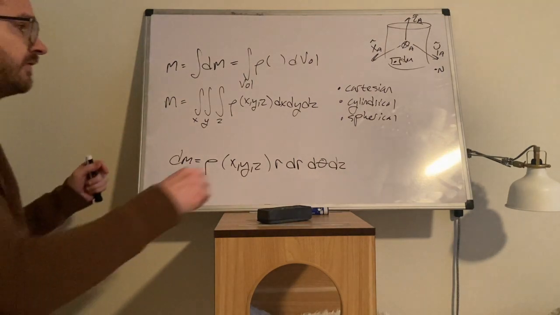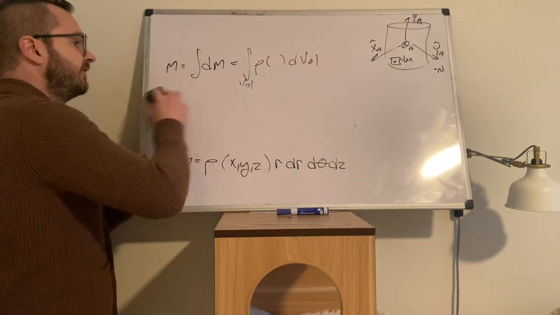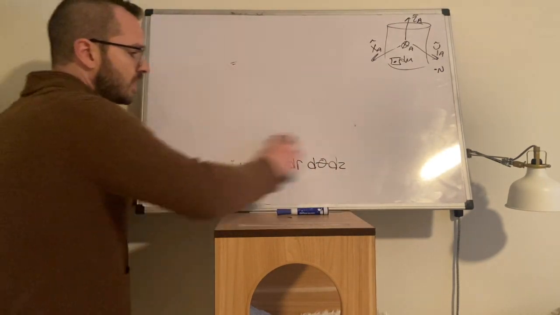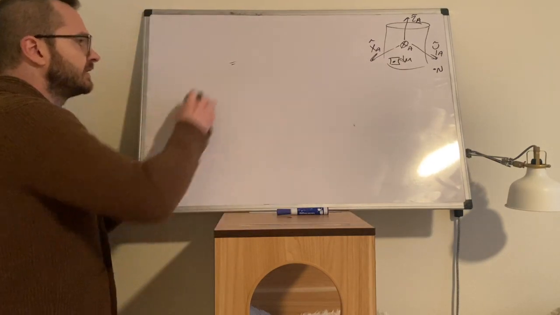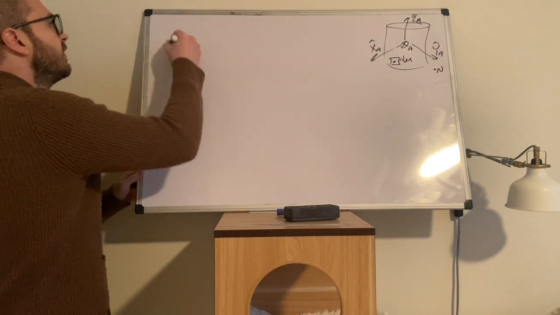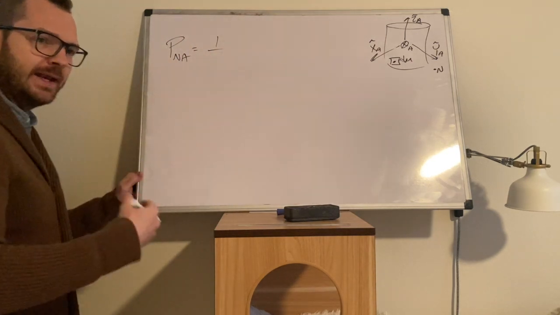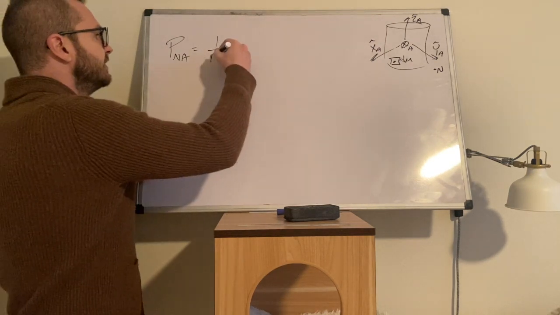Next, let's talk about how we can use this to find center of mass. Recall from previous discussions, the center of mass, the position vector from N to A, is the weighted average of the positions.